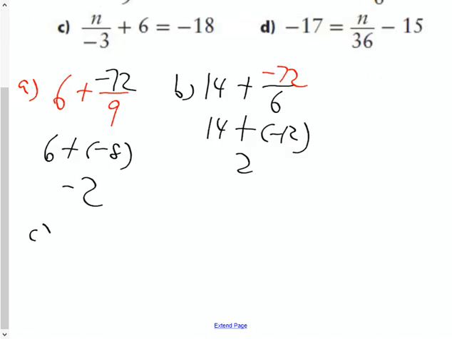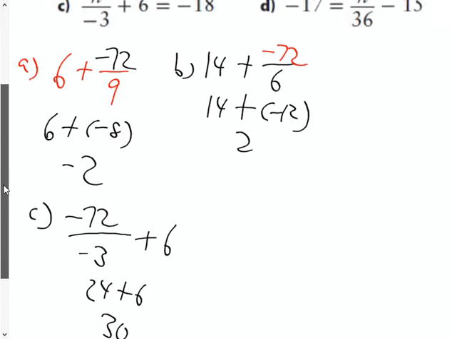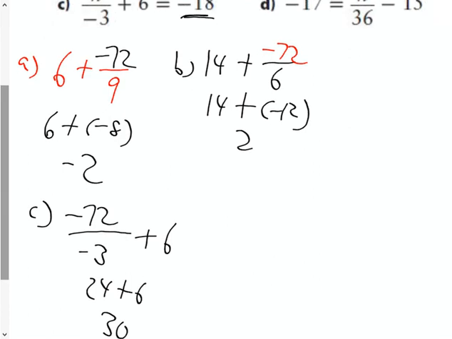For C, substitute -72 for the n. Negative 72 divided by -3 is 24. And 24 plus 6 is 30. So in this one, it actually says -18 instead of 30.